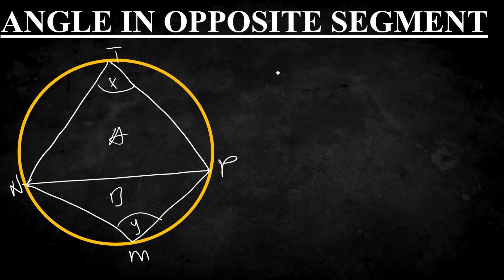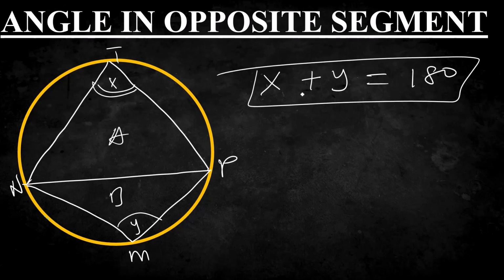The sum of the angles here will be 180. X plus Y equals 180. All right, that's that. You can have so many examples. Now let's go ahead with the next property.